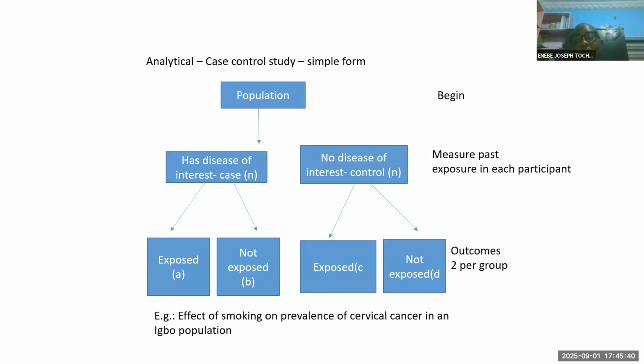Here, the beginning is the population. You look at people who have the disease, that's the cases, compared to those who don't have it, the controls. Then you measure the exposure in each participant, the people that are exposed and those not exposed. When you compare this in the outcome, you get your odds ratio.